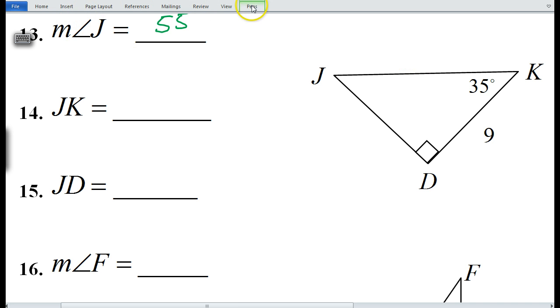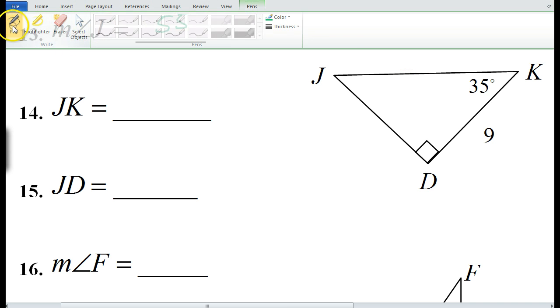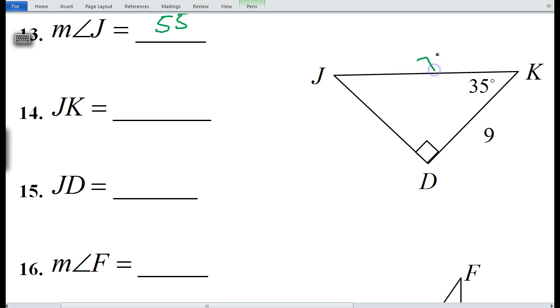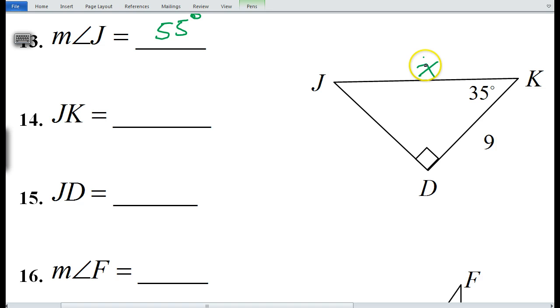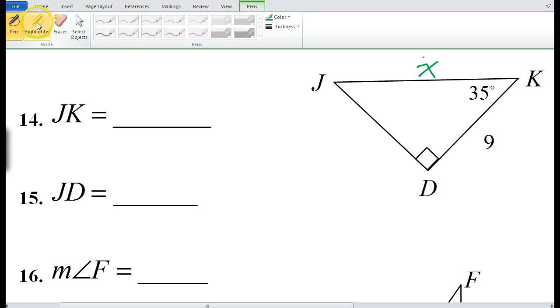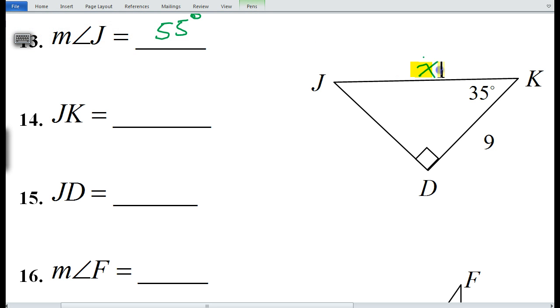JK. So I'll put an X here because this is the thing that we're trying to find right now. But once again, focus your eyes on three things: the thing that we're trying to find and the two numbers that we're given.